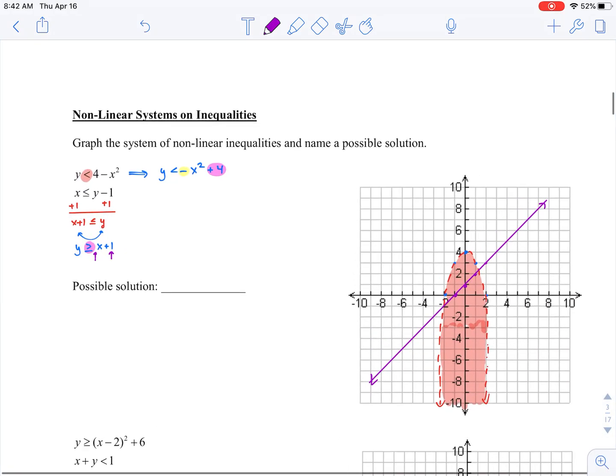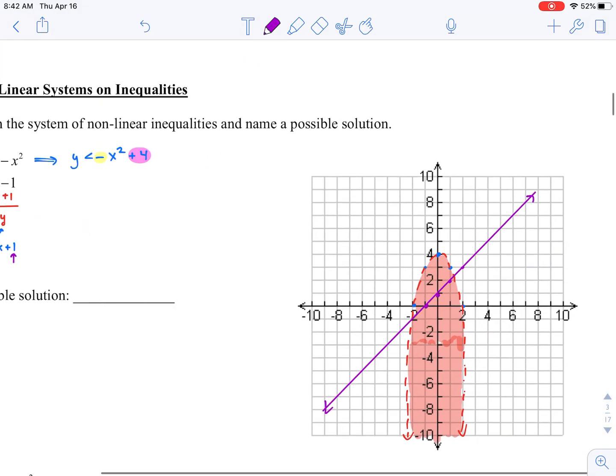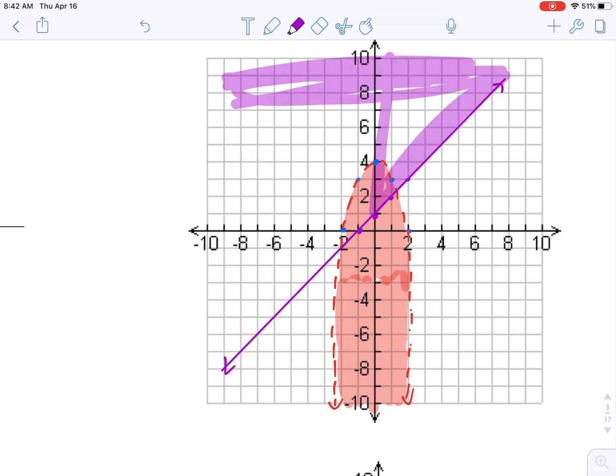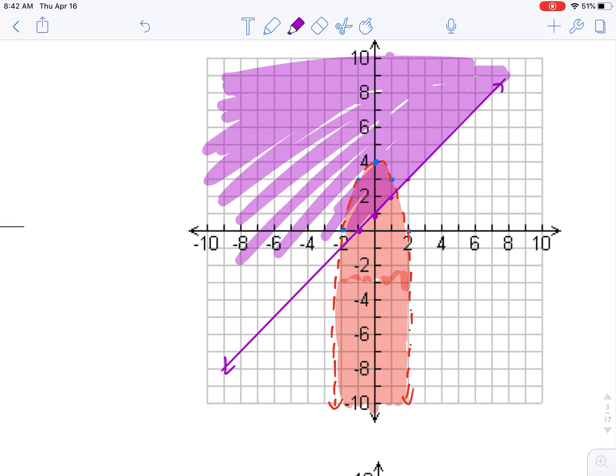Now how to shade? This one says greater than. So find where it touches the y-axis. Touches right here. And greater means I'm going to go up. And when I start to go up, I'm going to be on this half of that line. Now remember, your ultimate goal is the solution to the system.